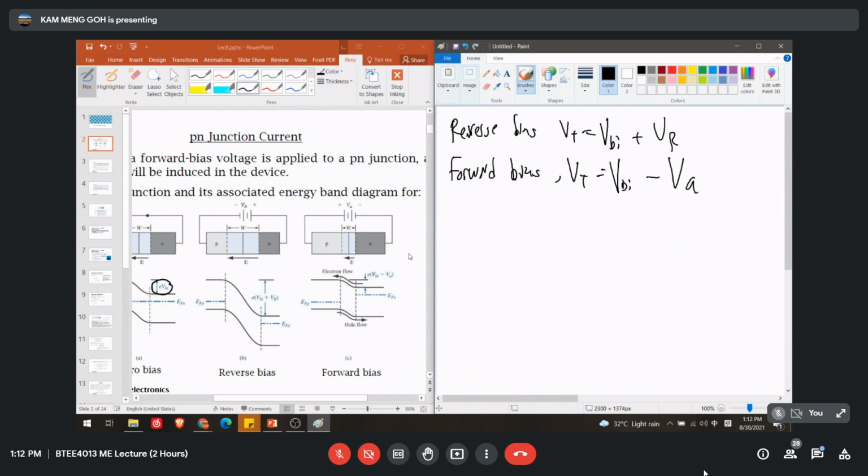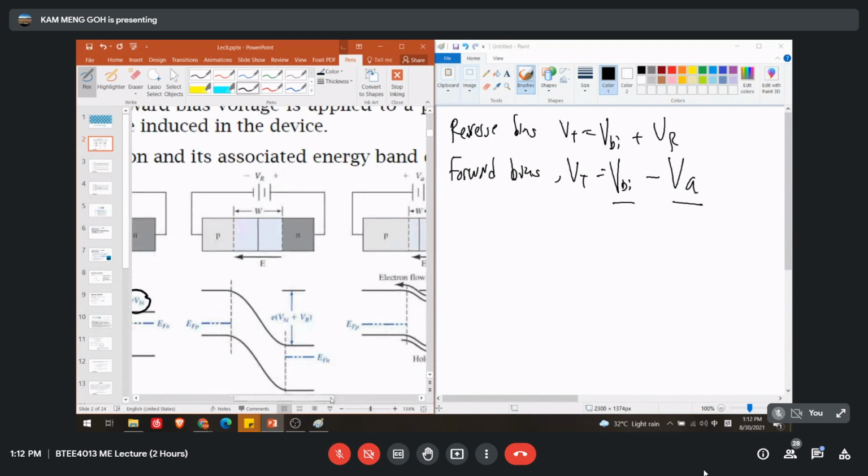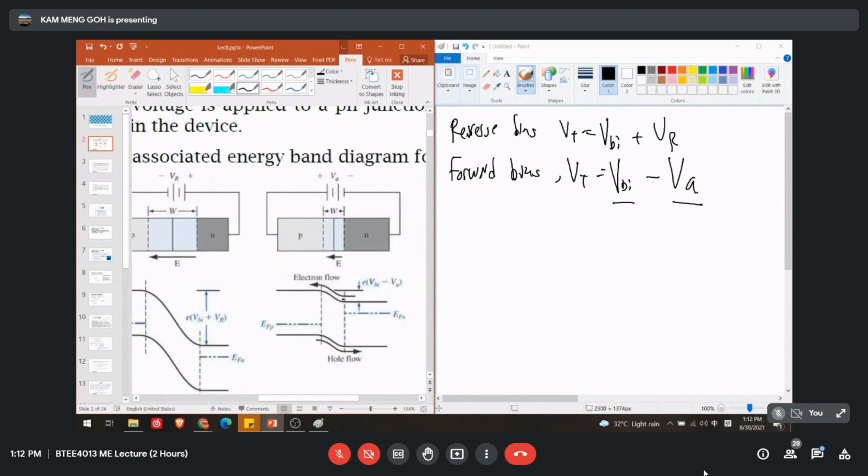The reason why it's getting less is because of VBI minus VA. So when it is less, the electron may have more chance to jump over from the N to P. Also, this one is the high concentration of the electron, this one is the low concentration. This one is low, this one is high. So that's why it flows from high to low.